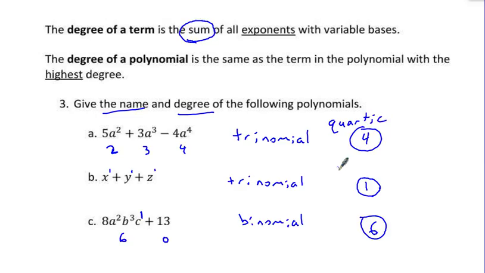If it's raised to the 1st power, it's going to be linear. So if the degree is 1, it's linear. If the degree is 3, it's cubic. If it's 2, it would be quadratic. If it would be raised to the 5th, it's quintic.